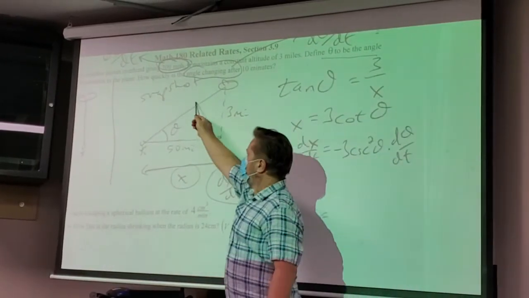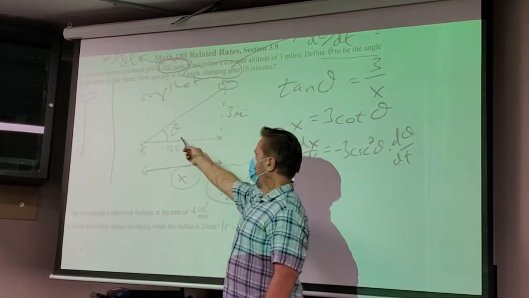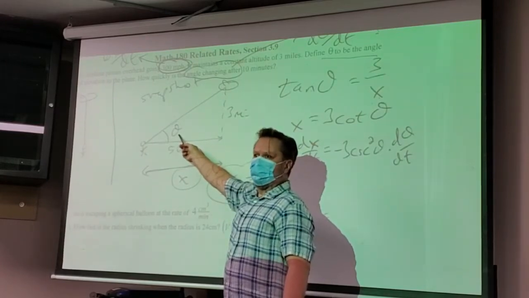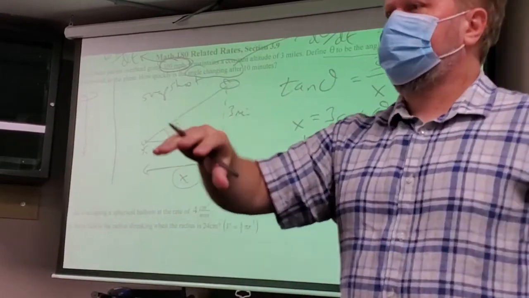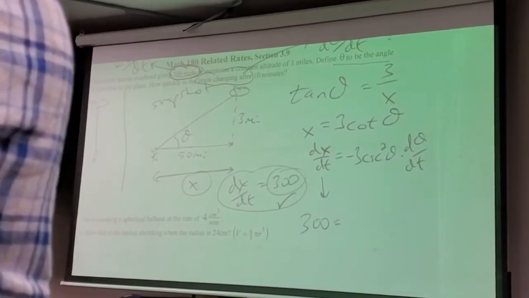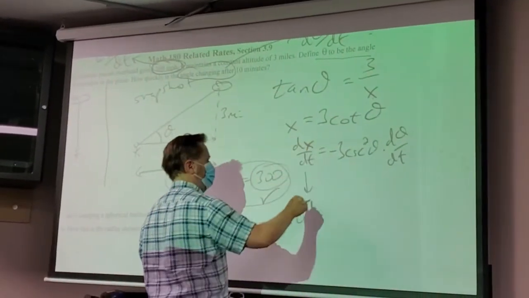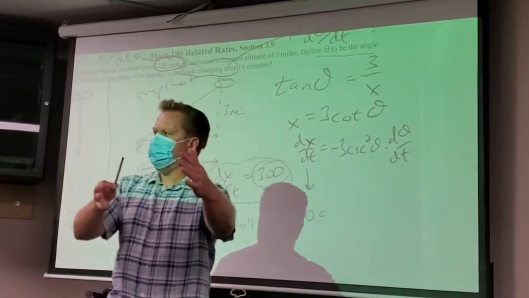So isn't this the picture that represents theta at 10 minutes? Can you figure out what theta is? I'm kind of happy, I haven't done this problem since I made this worksheet, which was a long time ago. What did I do as I did this? I got to this point, started plugging in what I know, and went, oh, I don't know theta. Let me go figure out what theta is.